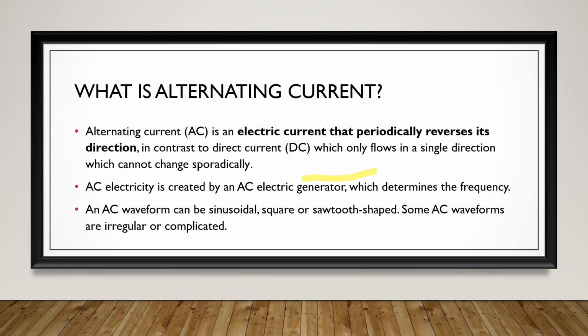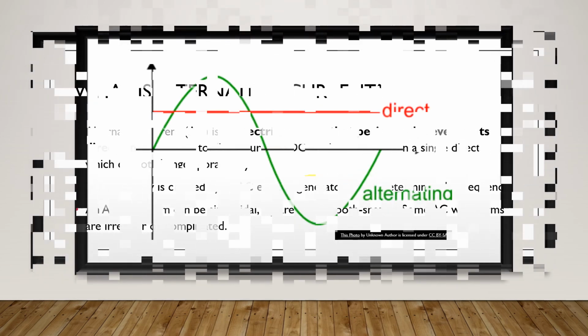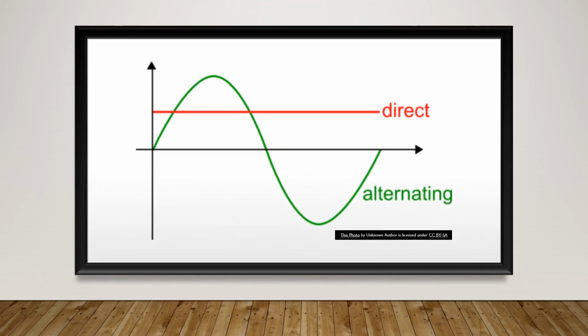Some AC waveforms are irregular or complicated. Here in this diagram we can see DC current has a single direction while alternating current has both directions, backward and forward.